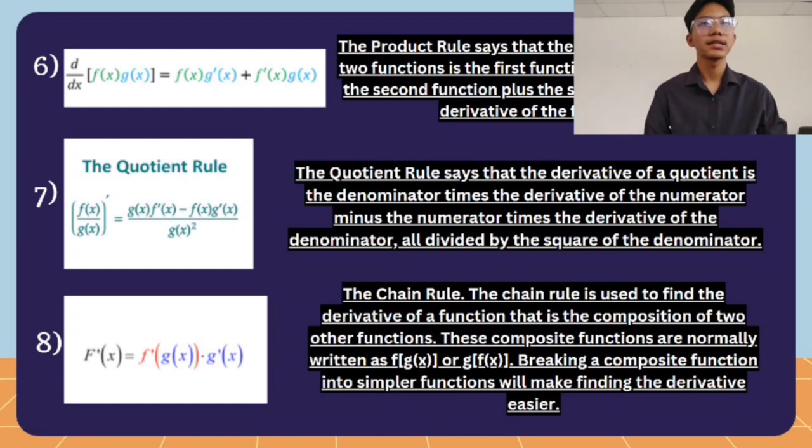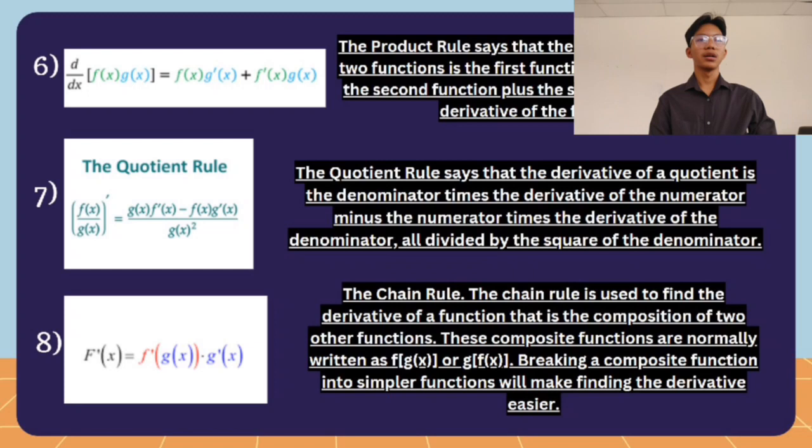And next is the product rule. It says that the derivative of the product of two functions is the first function times the derivative of the second function, plus the second function times the derivative of the first function.